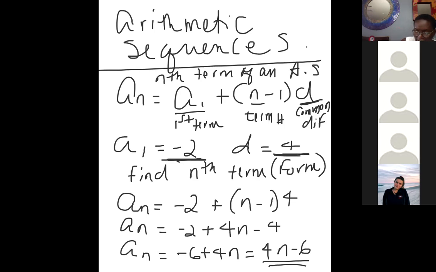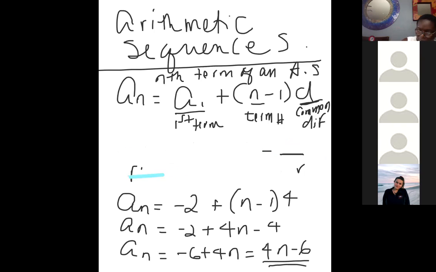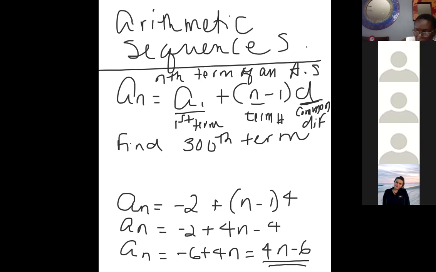Now, let's say I wanted you to find, let me erase some of this. I wanted you to find the 300th term. So now, guys, that we have the general formula down here, all we do is go into that formula and substitute 300 in for n.